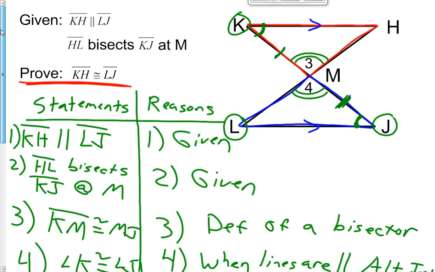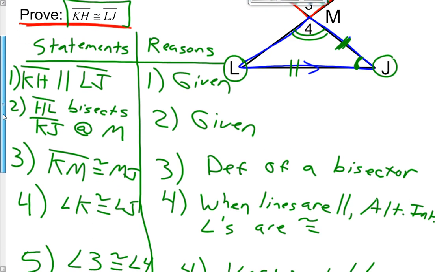Now this, in the past, has been when we've concluded our answer. But now, we don't want to prove the two triangles are congruent. We want to prove that KH is congruent to LJ. Well, if the two triangles are congruent, by CPCTC, corresponding parts of congruent triangles are congruent, we can now say that KH is congruent to LJ. So that's going to be my last step.